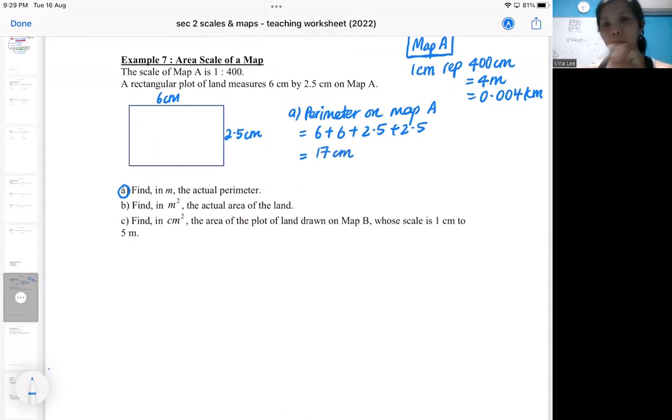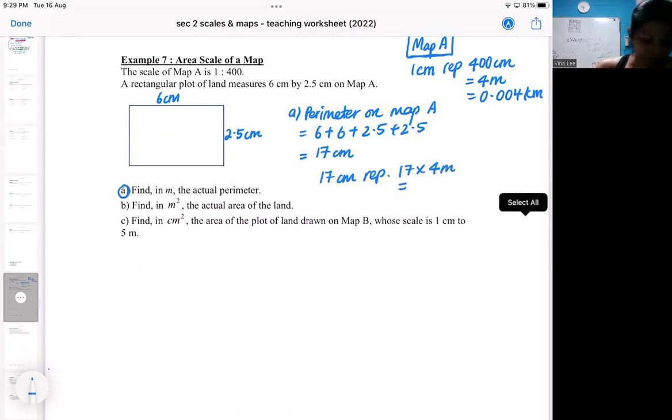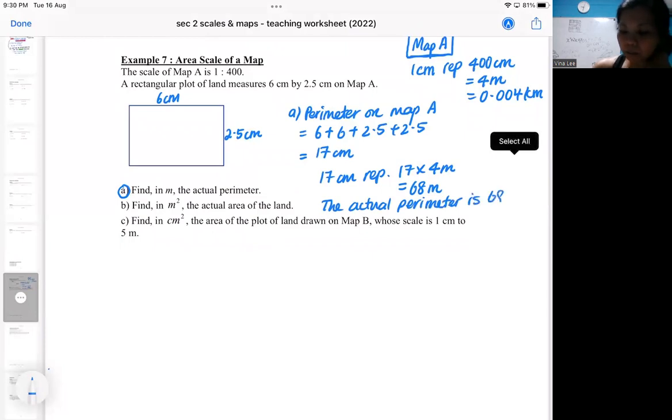So if I have the perimeter on the map, 17 centimeter will represent 17 times 4 meter. So the actual perimeter is 68 meters.